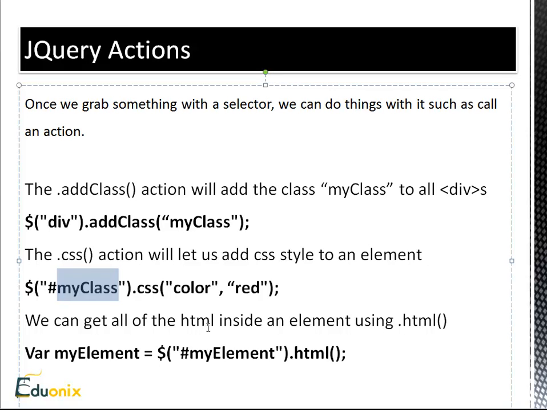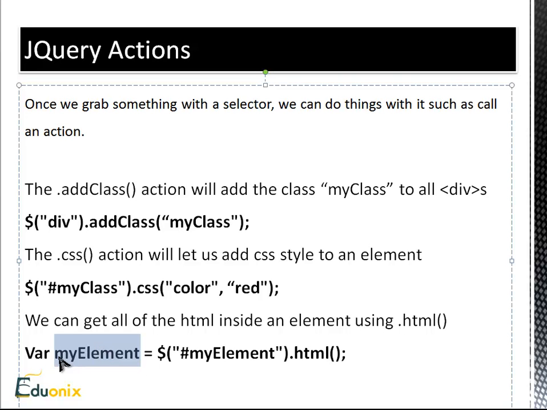We can get all of the HTML inside of an element using .html. So let's say here we're creating a variable called myelement, and I probably should have mentioned that you can create variables and arrays and all that, just like we did in JavaScript when you're dealing with jQuery.